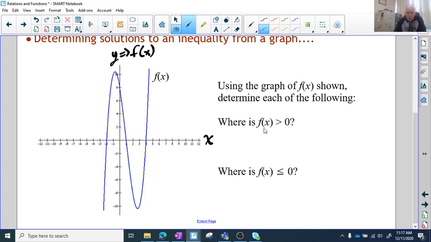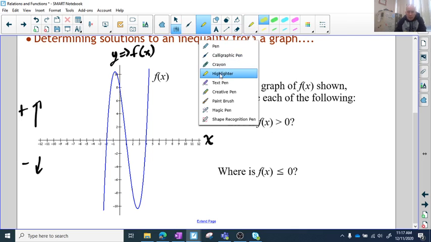So this is asking me, where are the y values greater than 0? Well, on a graph, the y values are greater than 0 if they're above, and if they're below, your y values are negative. So in this situation, it's asking me to identify where this function is positive on the y-scale.